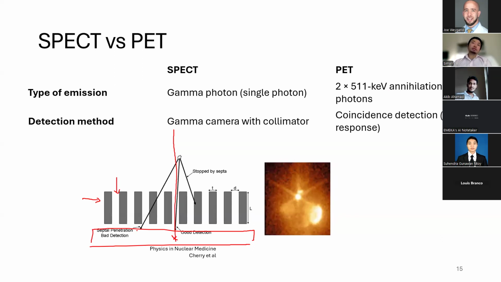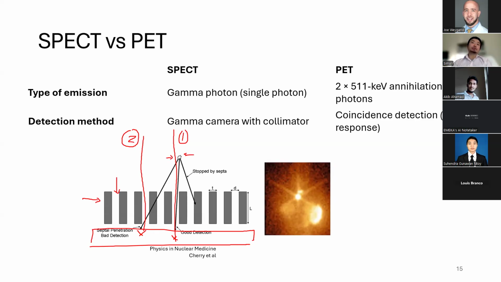So in this case, if you detect an event over here, you have to place it above it. This is event one, and this is event two. In event one, the collimator is working properly and places the line of response in the proper place.